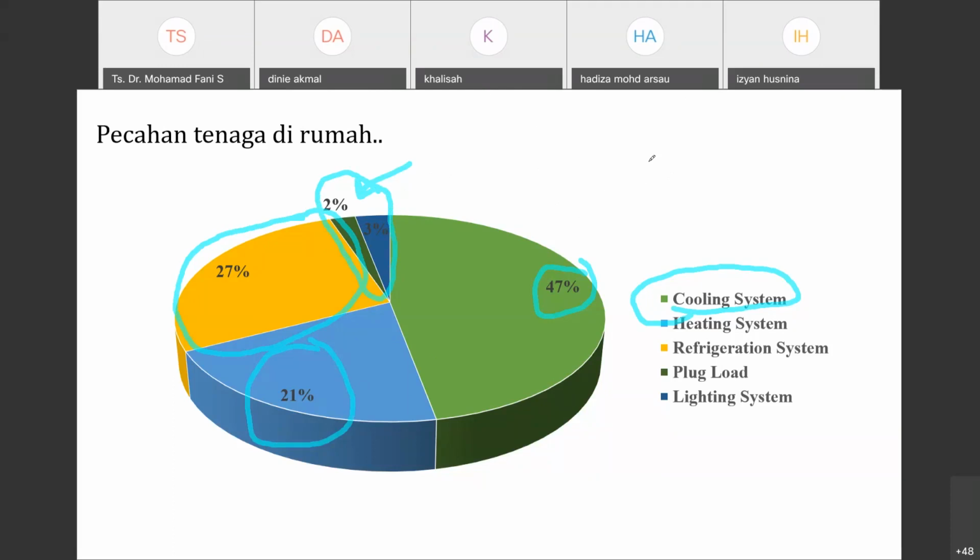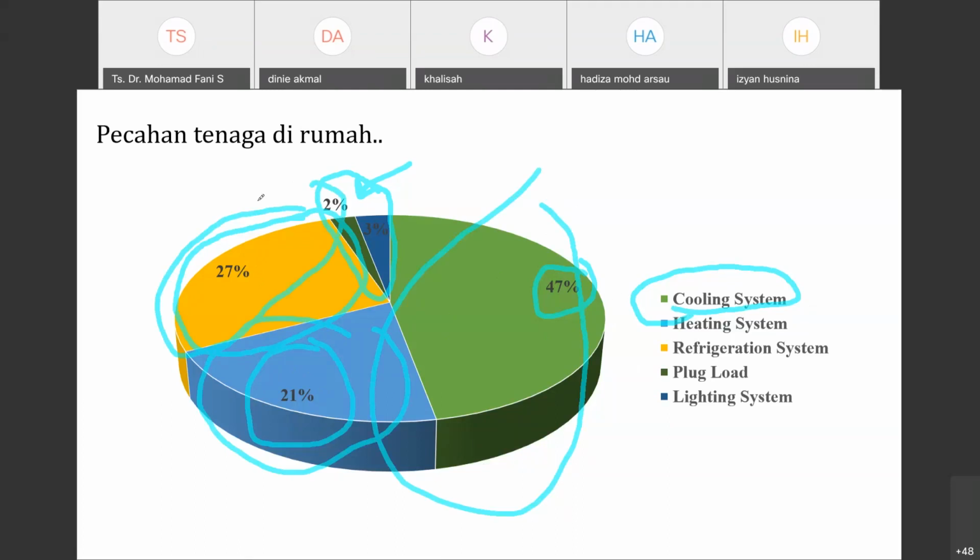That's for your assignment. So try to suggest based on this option. For example, tackle the biggest factor that contributes to the electricity consumption: cooling system, heating system. So what's the action to reduce the consumption from the heating system?